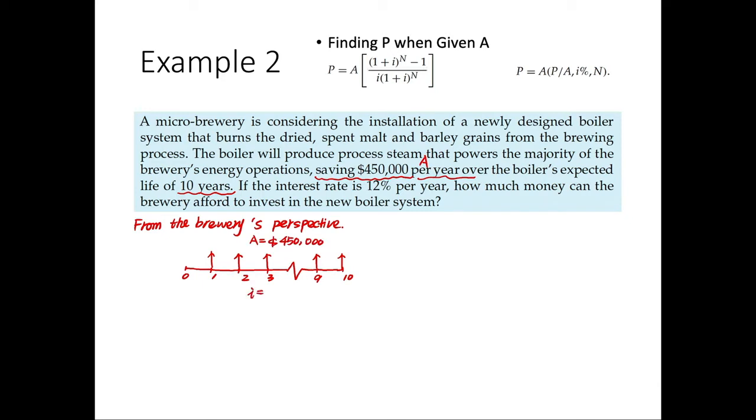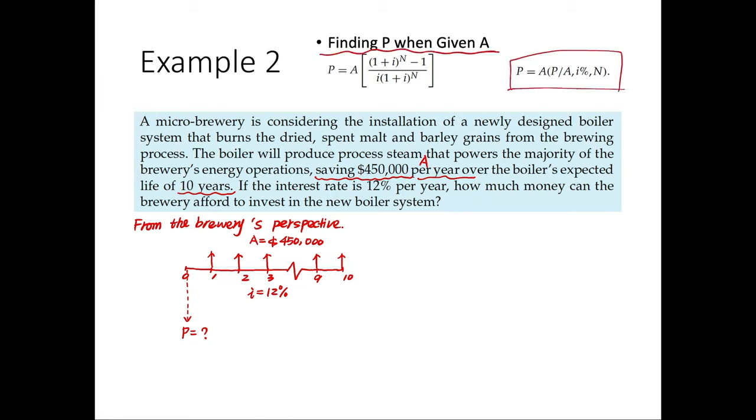And then you say the I equals to 12%. And what you want to know is at the beginning how much you want to pay, how much the brewery wants to pay. So you want to find out the present value, and the present value should be the money giving out, so it's going downward. So what is that? Okay, so it's to find P when given A. That's the scenario you're looking at.